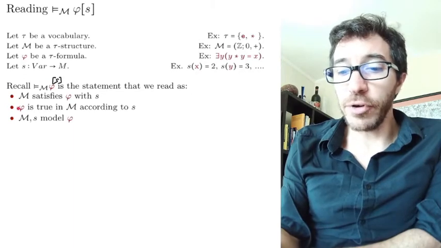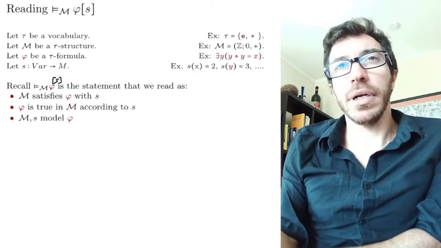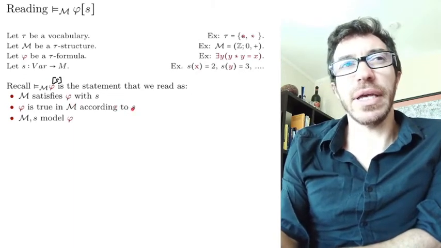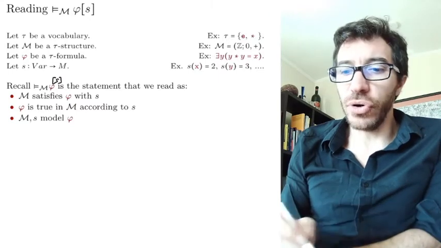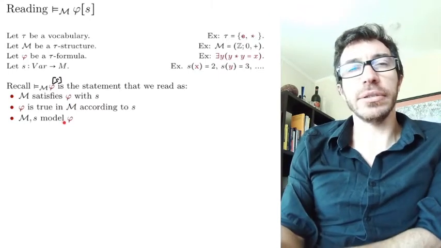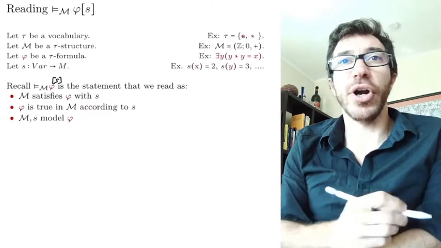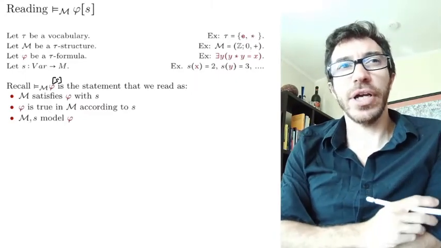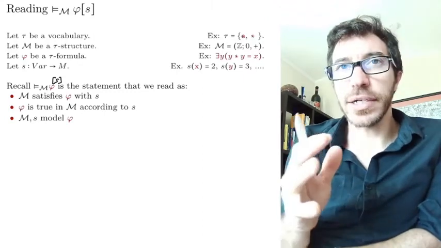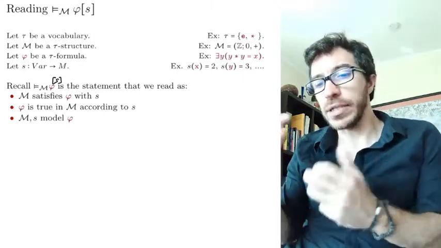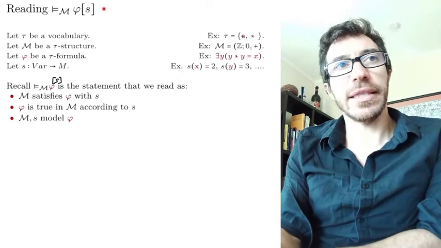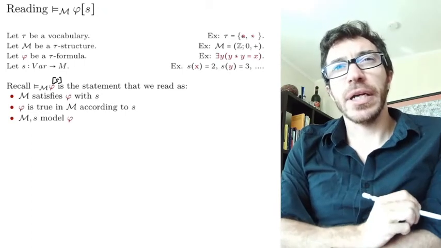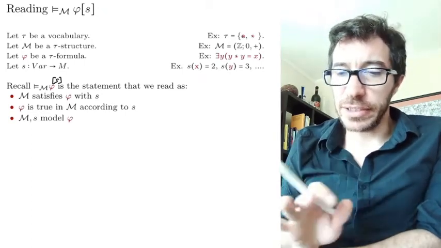Or we can read it as the formula phi is true in M according to the variable assignment S. Or M and S model phi, or M is a model of phi. These are different ways of saying the same thing, and it's going to be our central notion.